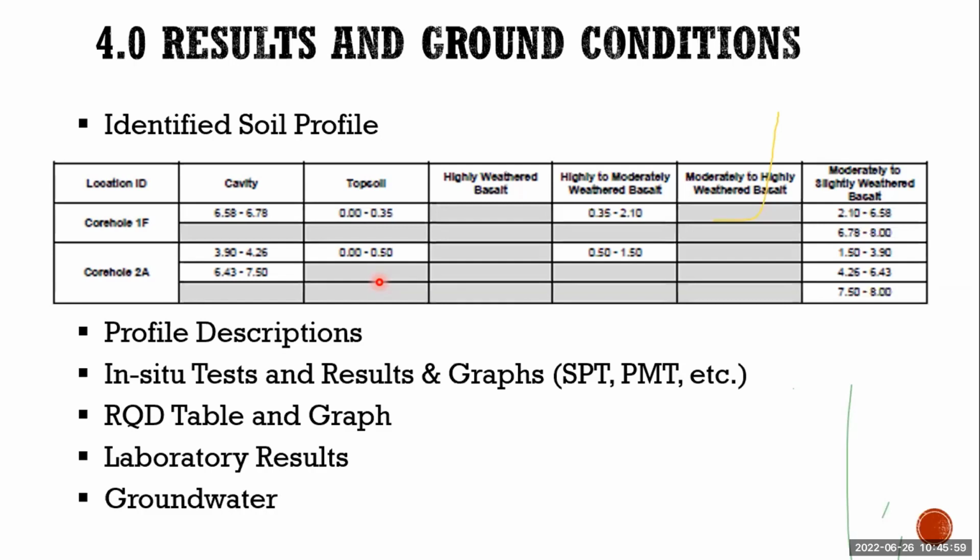For each strata we have to define. For example, highly to moderately weathered, the thickness varies between 0.35 and 2.1 meter. It changes, so we describe it in the profile descriptions. Then we have to include the in-situ tests, the results and graphs also. You have SPT and PMT, and many other in-situ tests. You can include the results here.